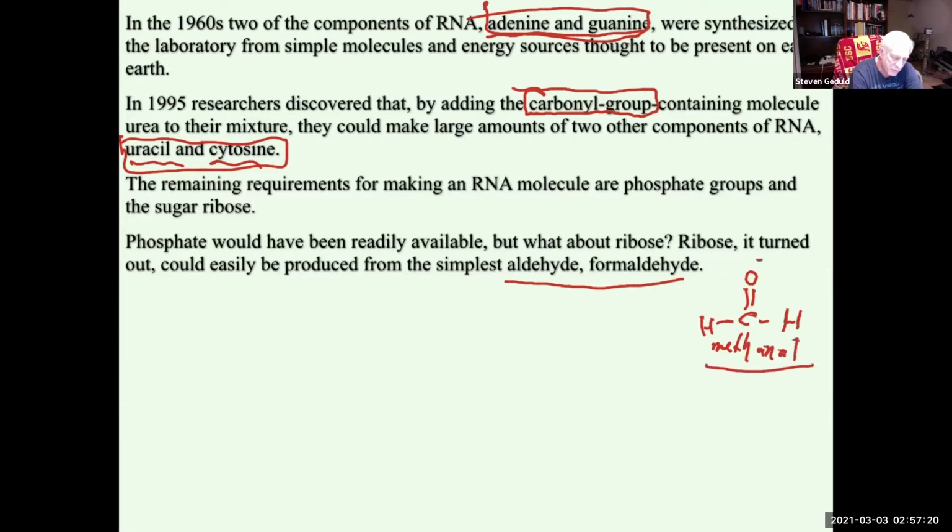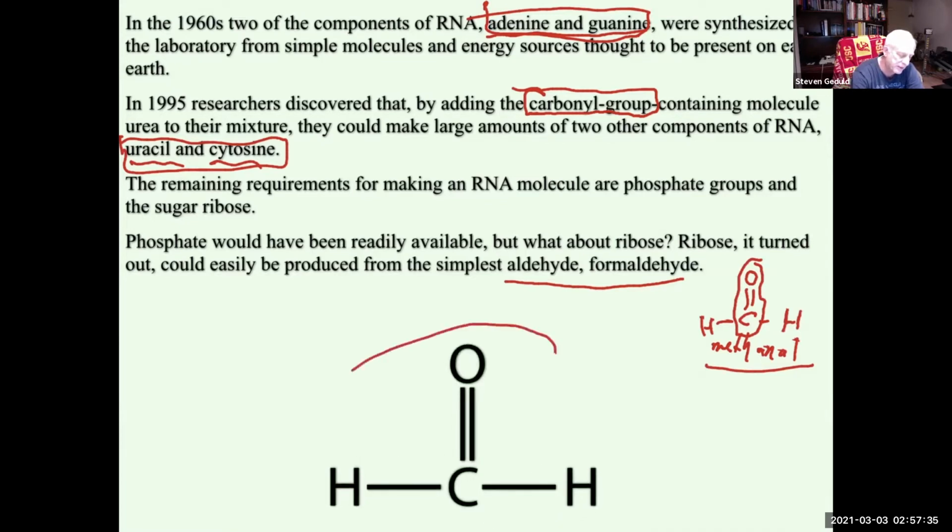This carbonyl group, you can oxidize it to make a carboxylic acid, you can reduce it to make alcohols. It's very powerful and it can form a lot of compounds once that carbonyl group is in there. And this is formaldehyde or methanal. That's the simplest aldehyde possible.